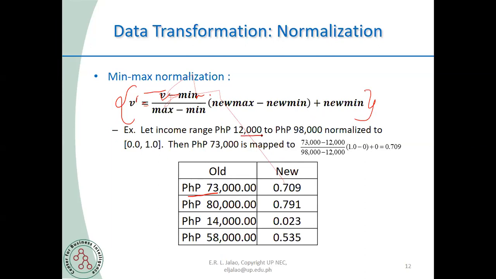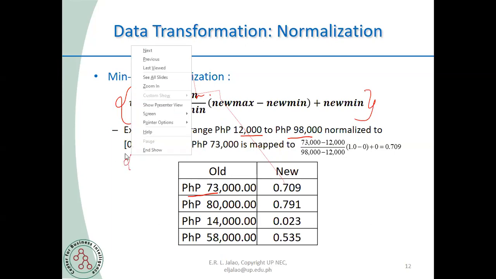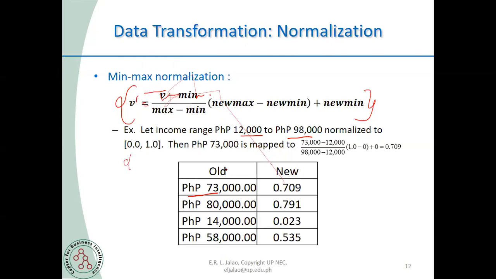Let income range from 12,000 to 98,000, normalized to 0 to 1. So take note, class, that in min-max normalization, the computed normalized data will have the range of 0 to 1.